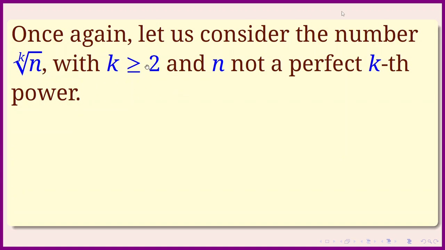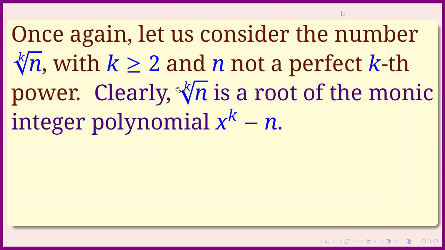Consider this with k greater than or equal to 2 and n not a perfect kth power. Clearly, this number is a root of the monic integer polynomial x to the power k minus n. If you raise it to the power k, it will be n, so this will become 0. So this is a root of this monic integer polynomial.